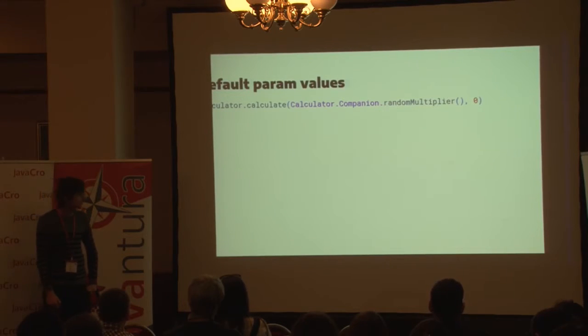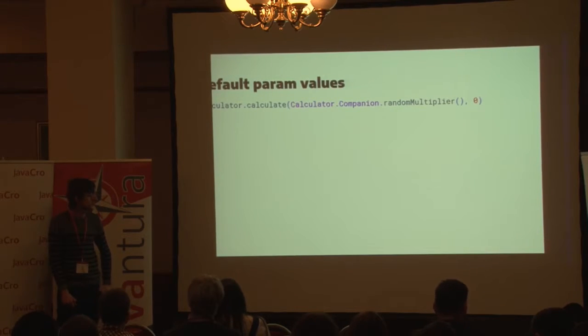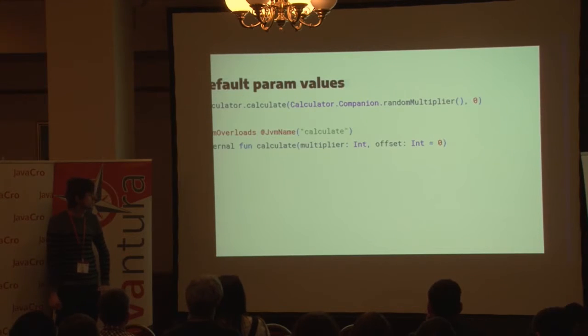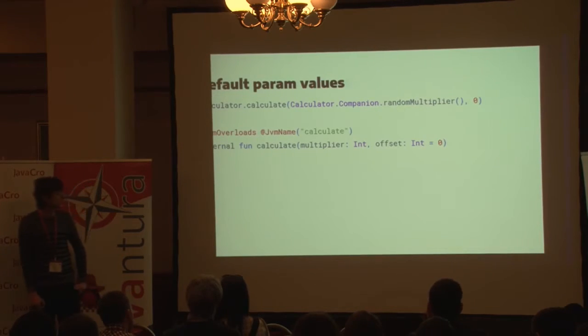In Kotlin, we also have default parameter values. For the calculate method, you might have seen that the default value is 0. So in Java we're still passing in that 0 because Java doesn't support default parameter values, but there's another annotation to take care of that.